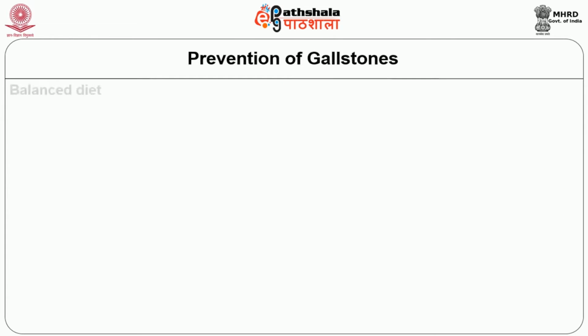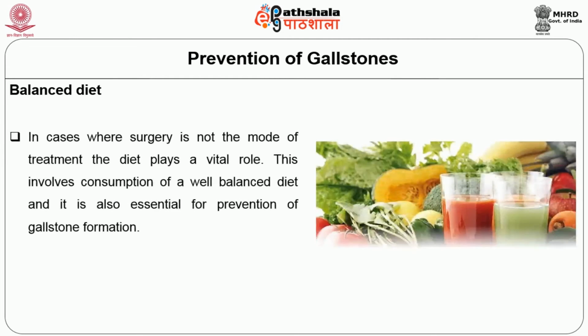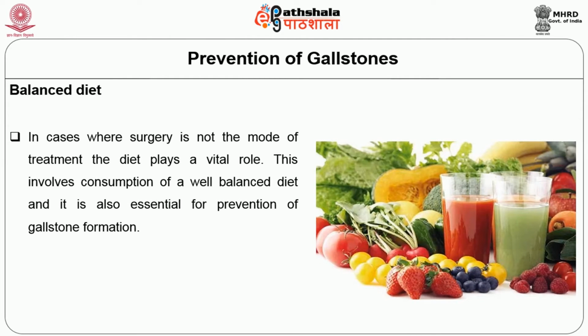The prevention of gallstones involves, first, a balanced diet. In cases where surgery is not the mode of treatment, the diet plays a vital role. This involves consumption of a well-balanced diet, and it is also essential for prevention of gallstone formation.